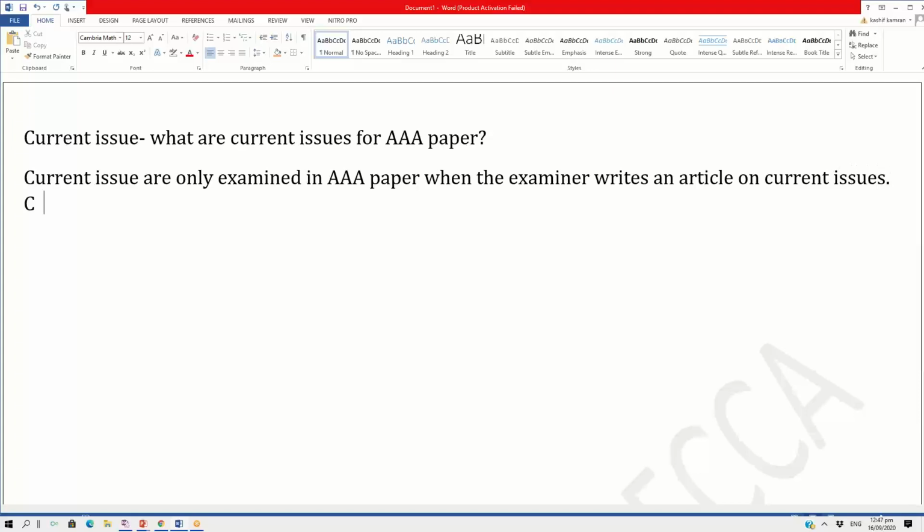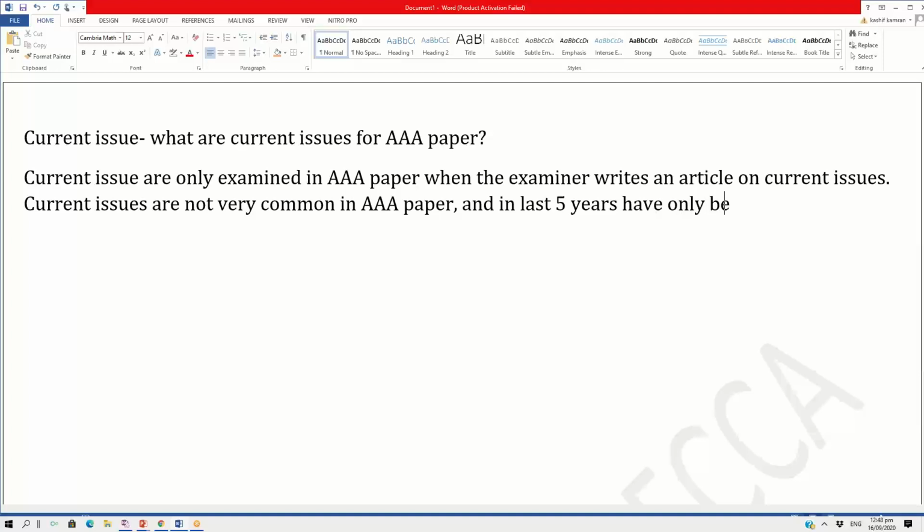Current issues are not very common in the AAA paper, and in the last 5 years have only been examined 3 times. So you can imagine how rare they are. But when will they be examined? Only when the examiner writes an article on it.